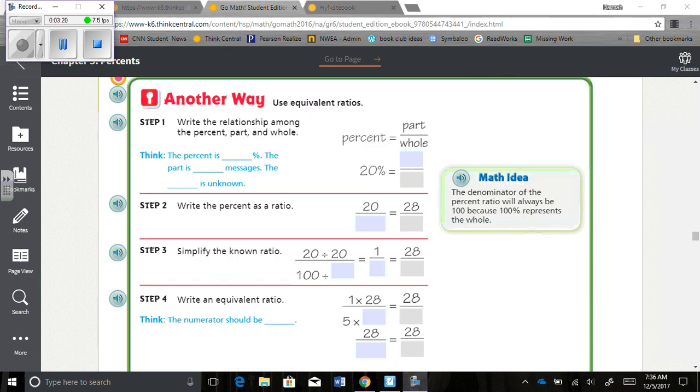Alright, let's look at this another way. So we can also use equivalent ratios. So look at this step 1. Write the relationship among the percent, part, and the whole. So percent equals part over whole. The percent is 20%. We know that from the problem.